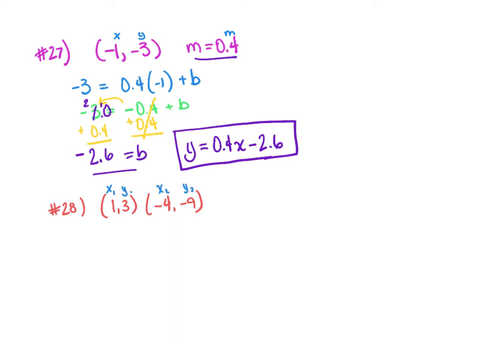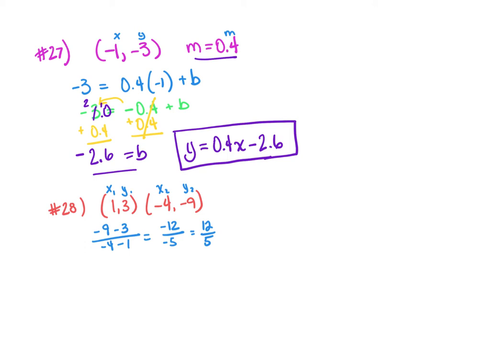And then I will go from there. So y2 minus y1 over x2 minus x1. You're going to get -9 minus 3 is -12. -4 minus 1 is -5. And I have a negative over a negative, so my slope is actually positive here.